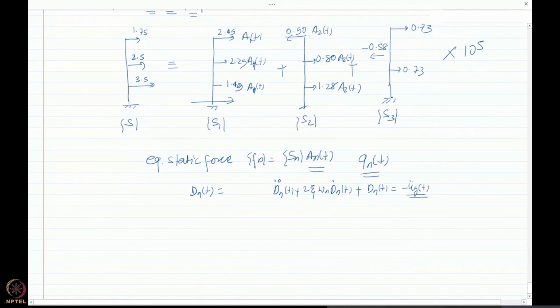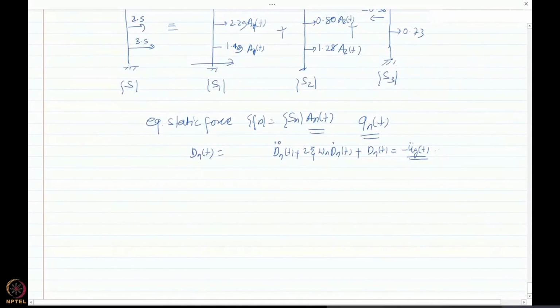But if it had not been a ground excitation, then let us say blast loading or some triangular pulse or some other type of loading, it would be basically representing that history. But as long as you can find out Dn(t), you can find out your Qn(t) as gamma n times Dn(t). Okay, or this is basically equal to An by omega n squared (t).